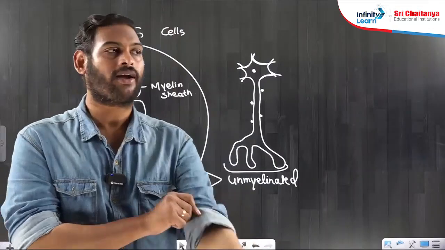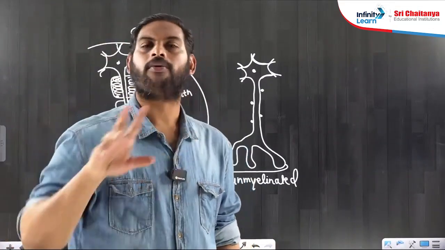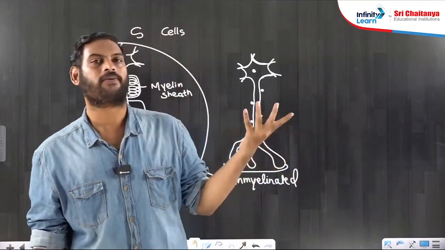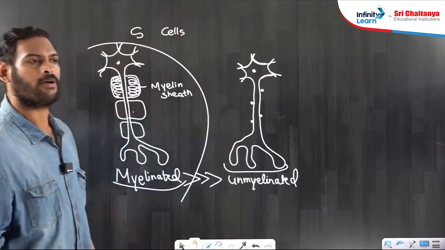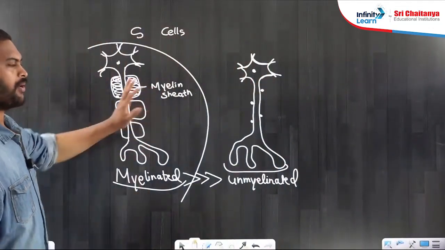So even Stephen Hawking, he has a very rare condition that his own immune system killed his myelin sheath. Therefore, he has lost his communication, lost his conduction. That happens. If you're unlucky, that may happen. So having proper myelin sheath is very much good for brain health and physical health also. This is the cell.